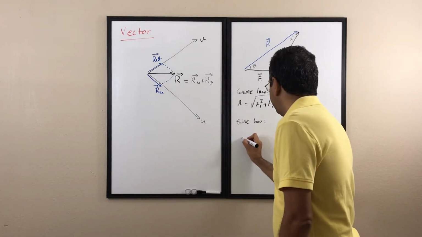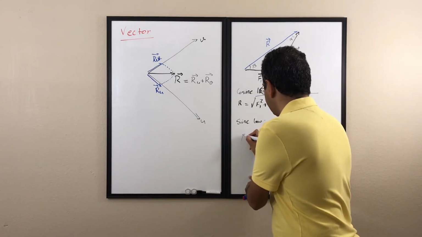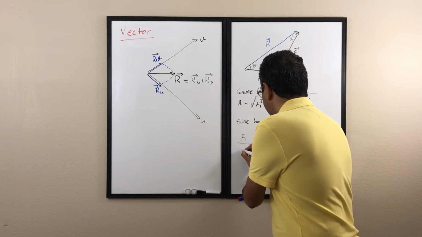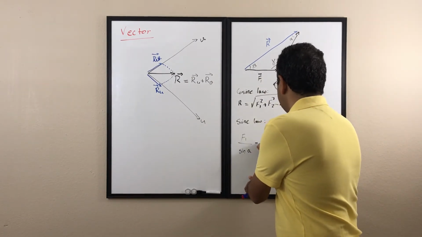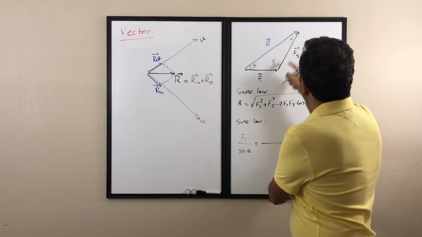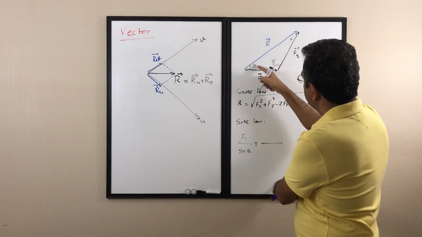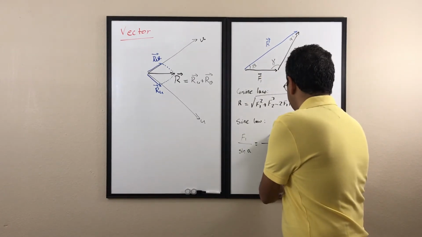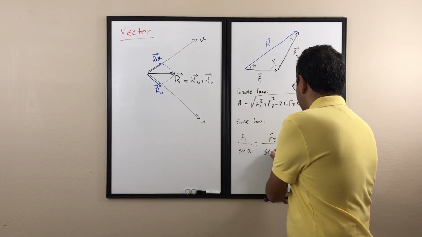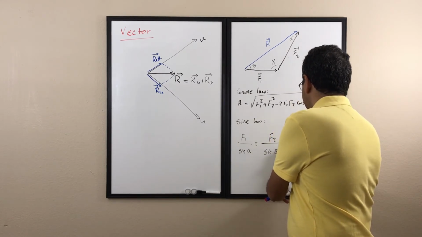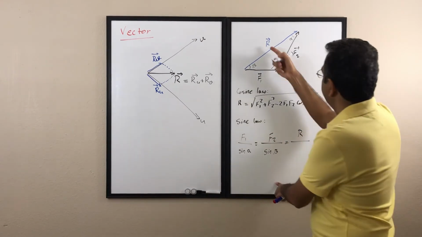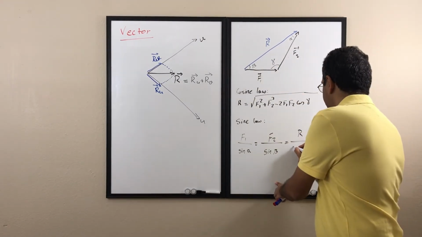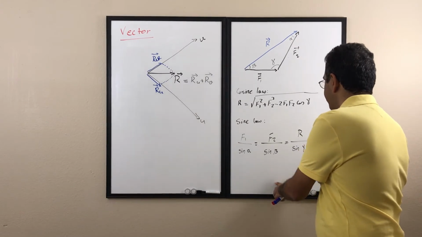In other words, f1 divided by sine alpha is equal to f2, and the opposite angle is beta, so sine beta, is equal to R, and the angle opposite of that is sine gamma.